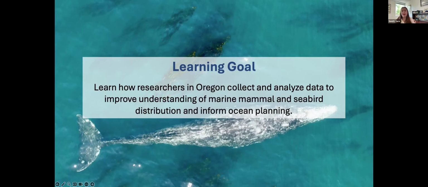So definitely a lot has changed in the context of offshore wind in Oregon, but we're going to learn about this research and we're going to learn how the data, even if we don't have offshore wind, can be incorporated with the other projects and applied for other ocean uses too.